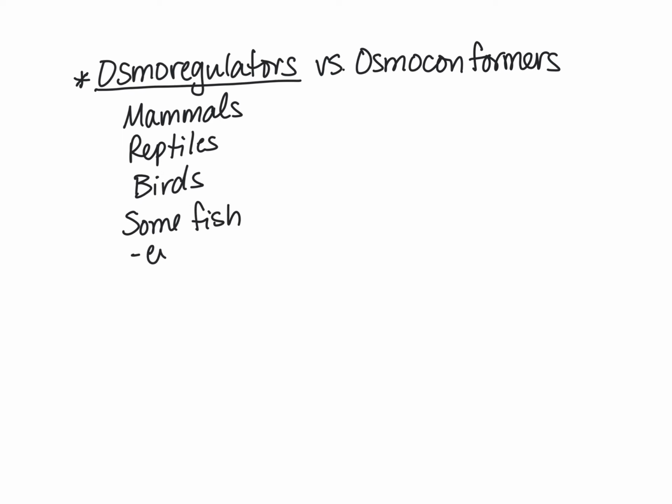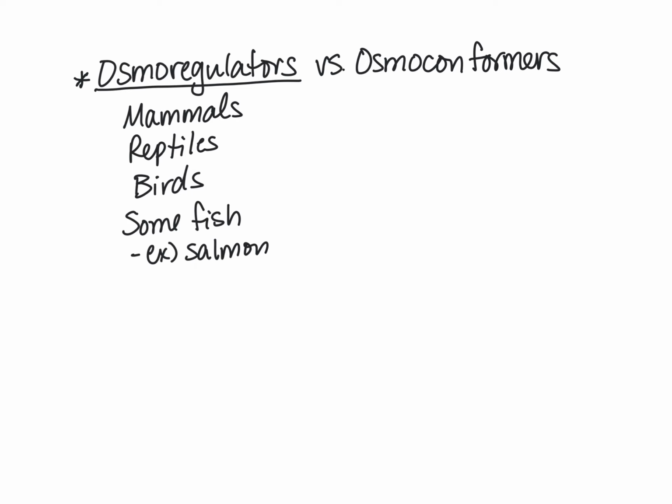So for example, salmon are able to live in freshwater and saltwater. And so they have certain mechanisms and processes in place that allow them to adjust the osmolarity of the fluid inside their bodies by either taking in salt and water or releasing salt and water in order to keep their body fluids isotonic with their intracellular fluids.